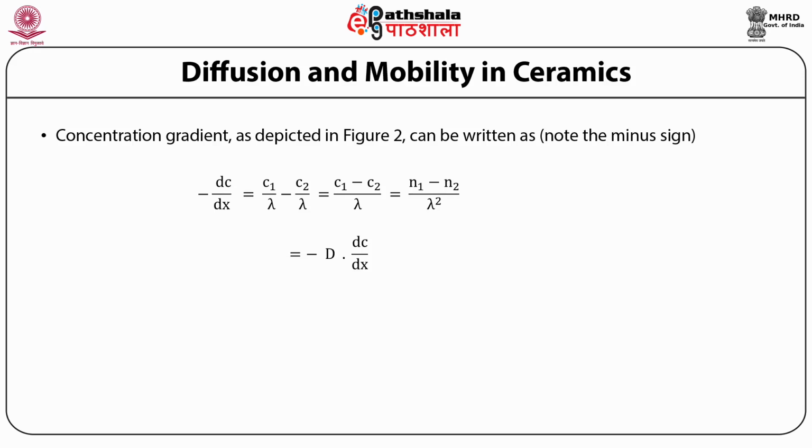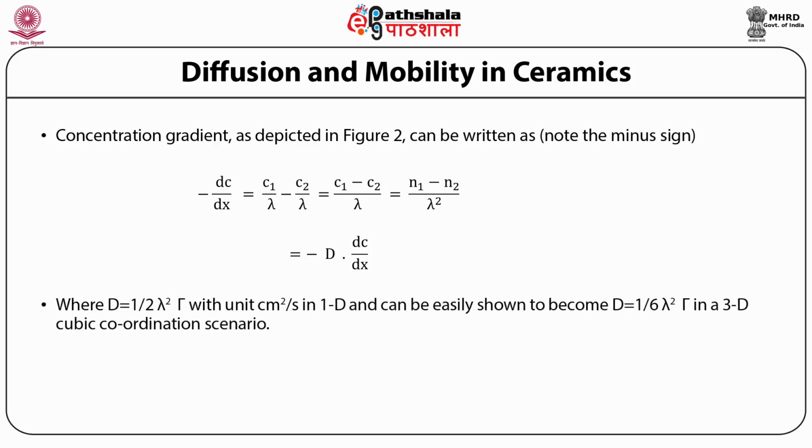Now students, let us discuss the diffusivity in detail. The net flux, which we have discussed previously, can be expressed as J is equal to 1 by 2 times minus lambda square dC by dx. So, it becomes minus 1 by 2 lambda square into gamma into dC by dx, which comes out to be minus D into dC by dx.